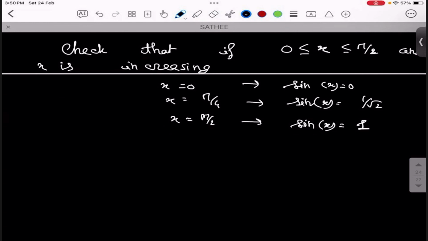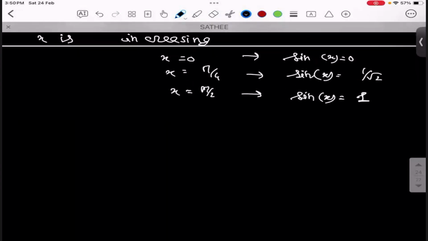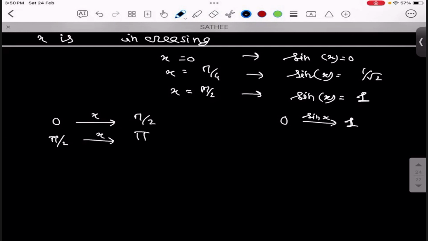Similarly, whenever x lies between pi by 2 and pi, the sine function is decreasing. You can write it with arrows. As x goes from 0 to pi by 2, sin x goes from 0 to 1. Then as x goes from pi by 2 to pi, sin x again goes to 0.